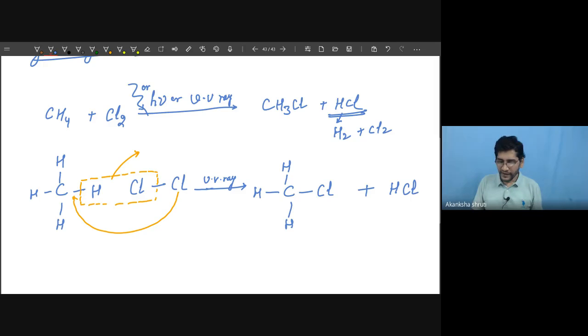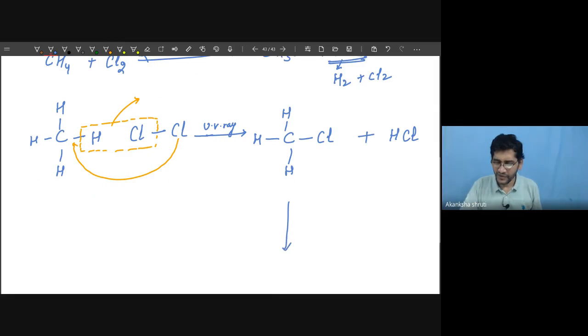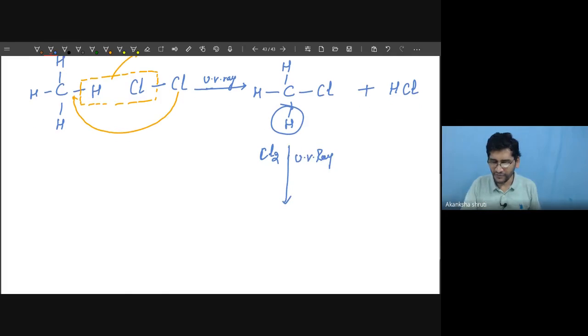Here, if sufficient amount of chlorine is present and furthermore UV ray is present, meaning more Cl2 is available in presence of UV ray, then the other hydrogen can also be replaced. It is able to form. Now you may take this hydrogen or this hydrogen or this hydrogen, any one. Meaning it is occurring step by step.